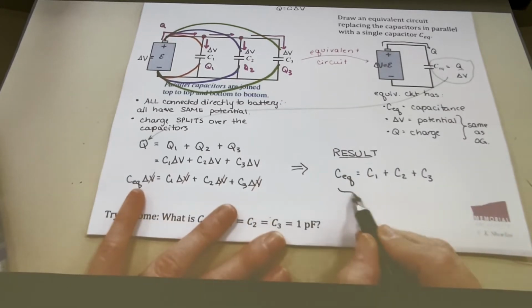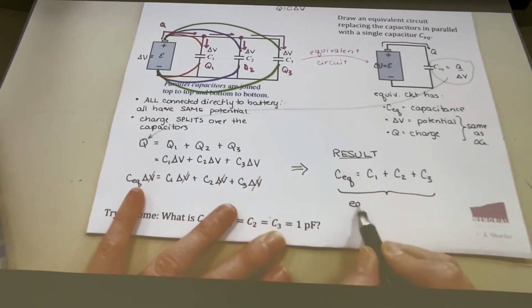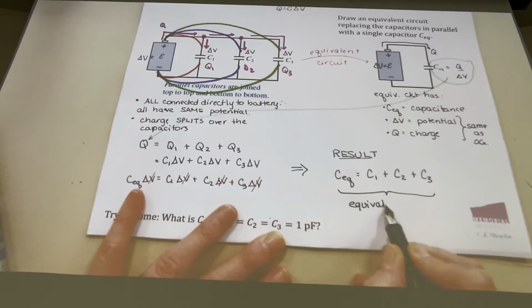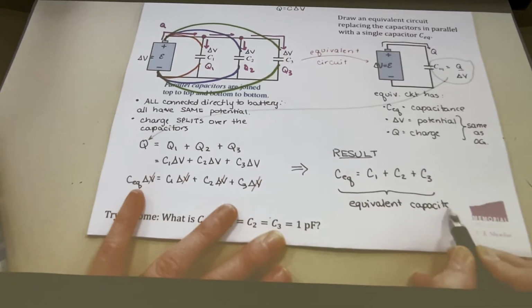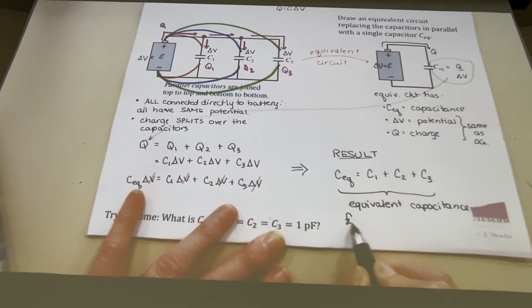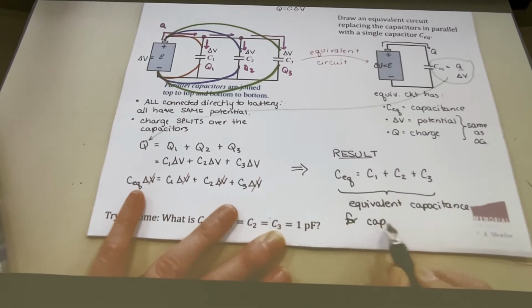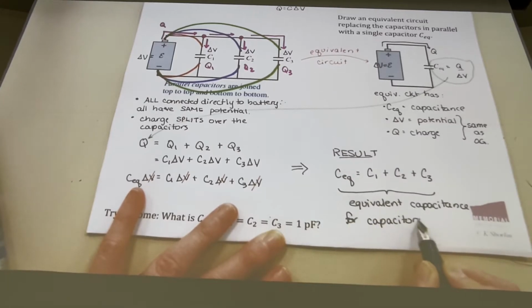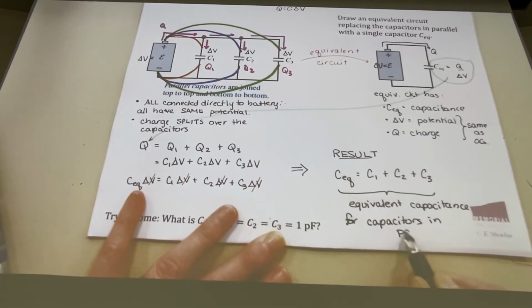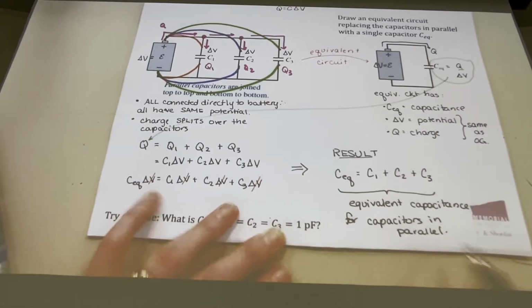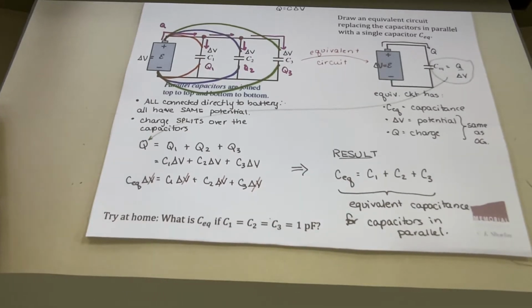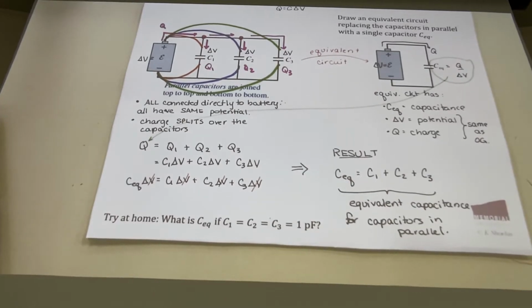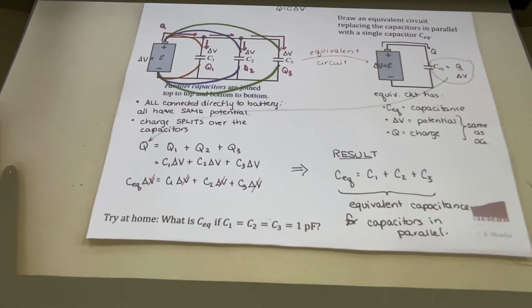So this is the equivalent capacitance for capacitors in parallel. Okay, all good? Okay, let's get into some examples.